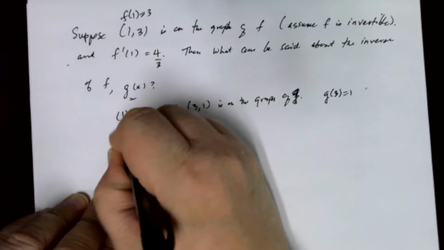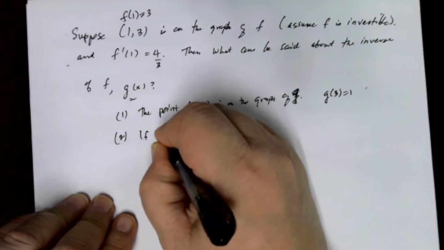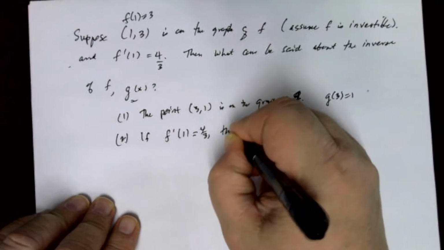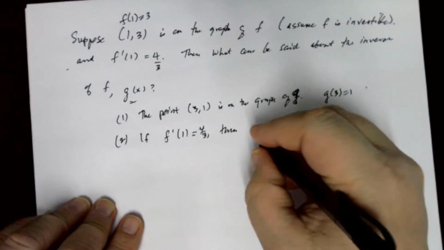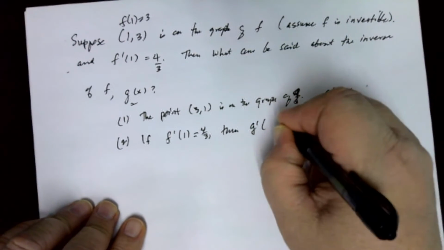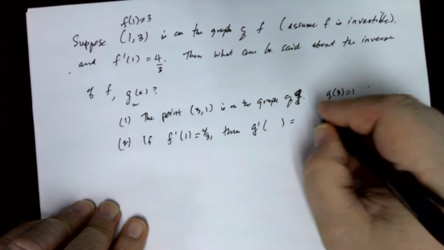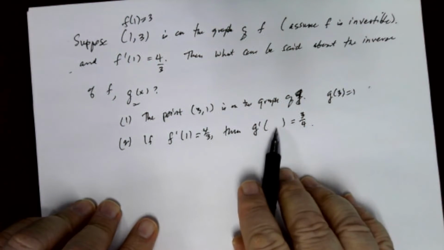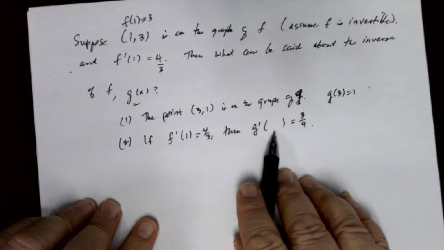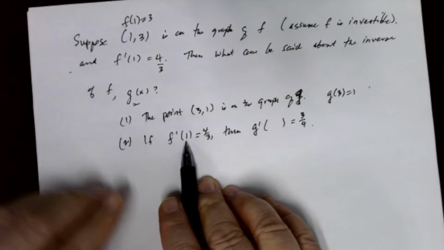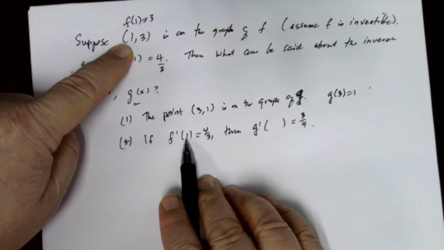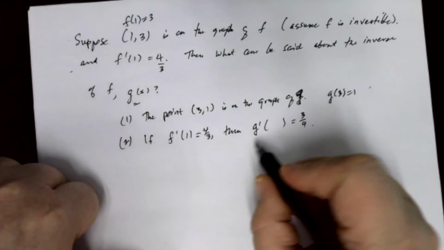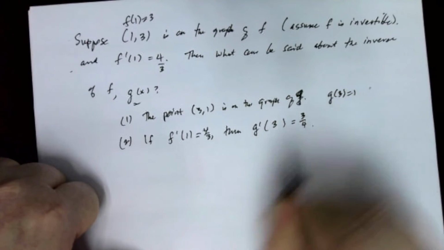Good. 2. If f prime of 1 is 4/3, then, using our previous discussion, g prime of something is the reciprocal of that, which would be 3/4. Now what would go in here? Well, it's not the 1, right? The 1 was for the f, and so the corresponding domain value for the inverse would be 3. So g prime of 3 is 3/4.